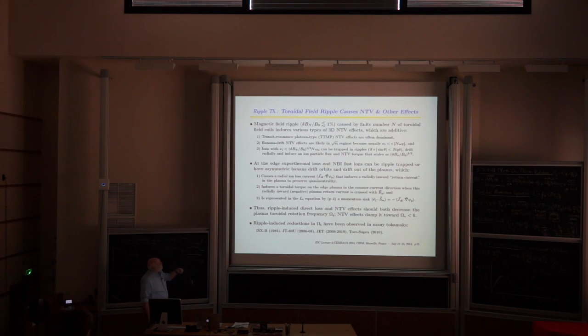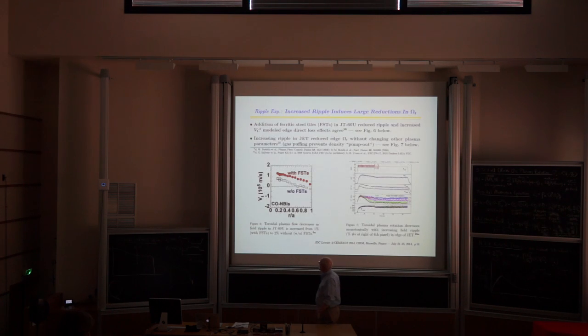And so anyway, there have been various levels of this, and I guess it's been done in a device I used to work on a little bit, ISX-B at Oak Ridge National Laboratory, JT-60U in Japan, JET, of course, in England, Tore Supra in Cadarache, and so forth. And the basic idea is it's a similar type of term as this. And so they did some experiments.